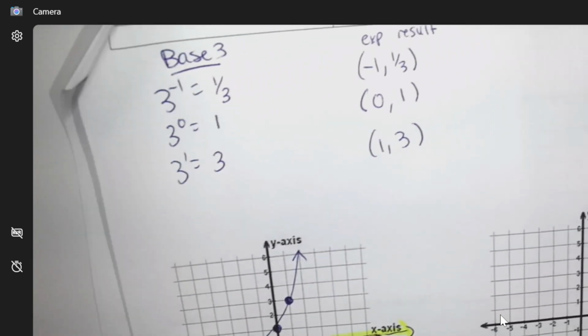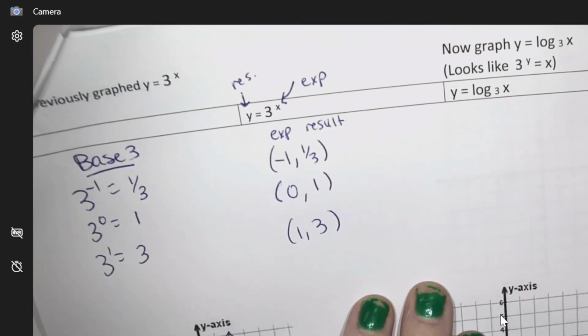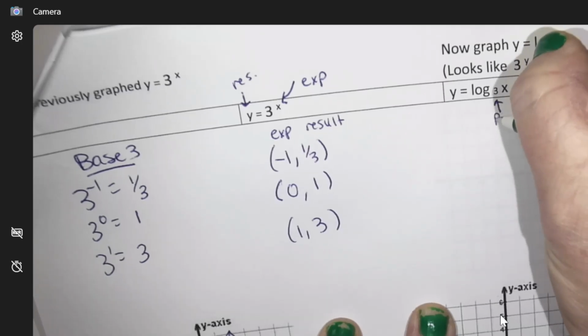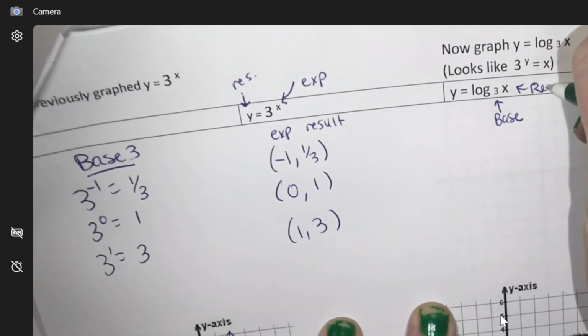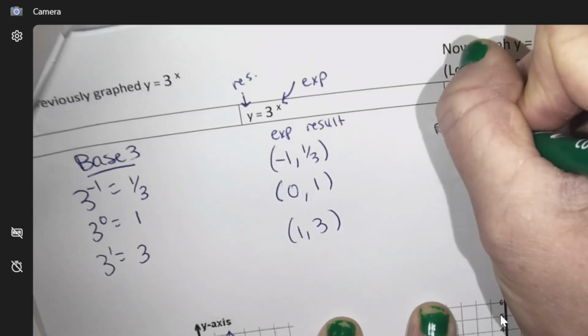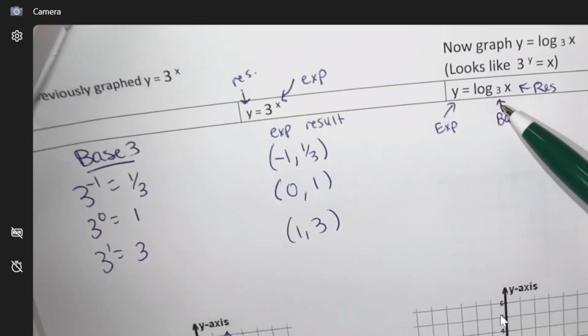Okay, here we go. We're going to switch to a log. So we did this yesterday. We figured out all these components. So it's using 3 as a base.